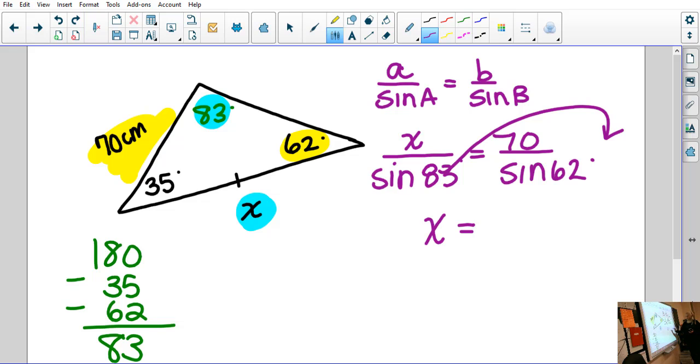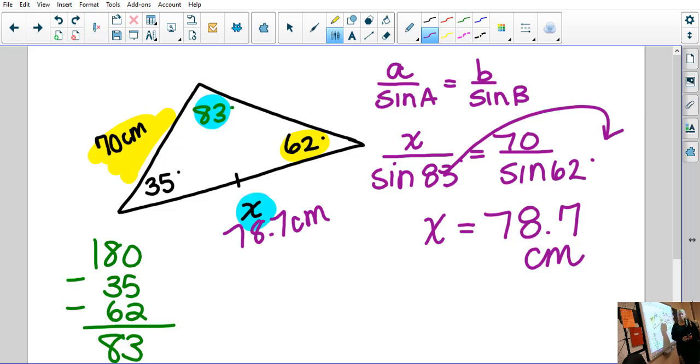So if you want to go right to the answer, 78.7. And our units would be centimeters if we were doing units. Bigger angle, I expect the side to be bigger. Just a little housekeeping thing to keep in mind as you go through that can save you a little bit of trouble.